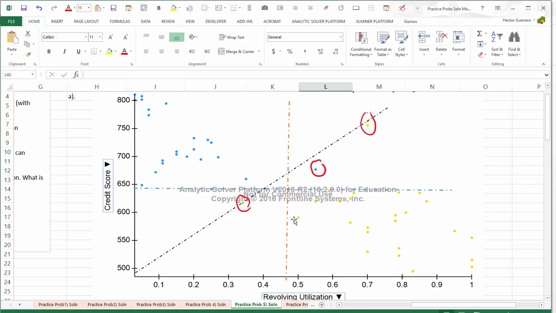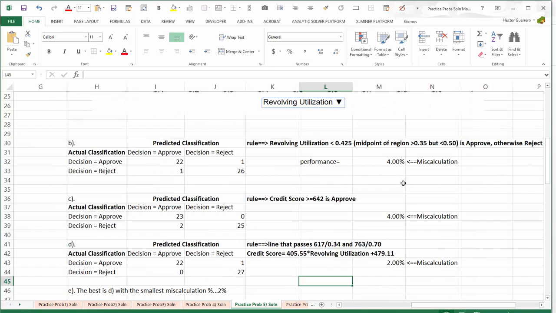There's none of the values that fall below this value, but I do have two values that should have been rejected that fall into that category. So I've got these two rejections out of the 27 rejections that are a mistake, no problem with the approval.